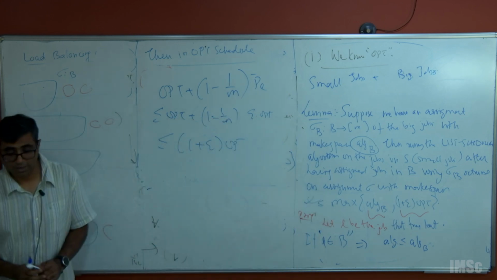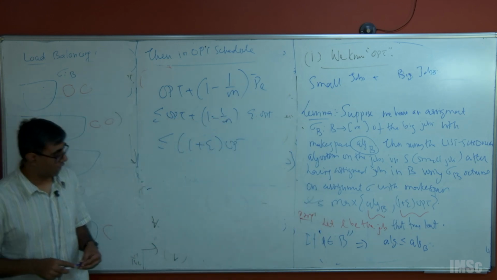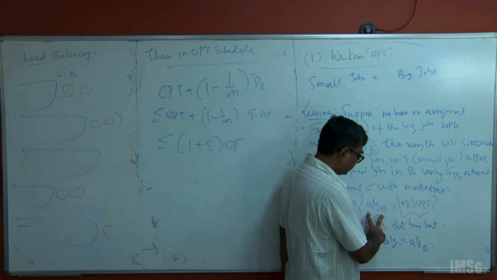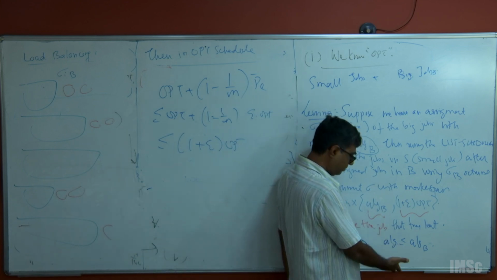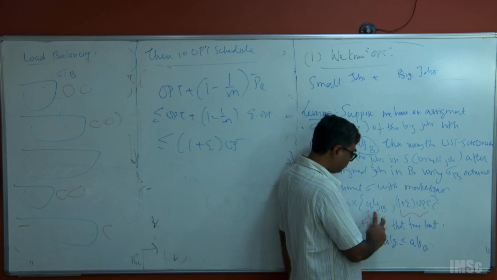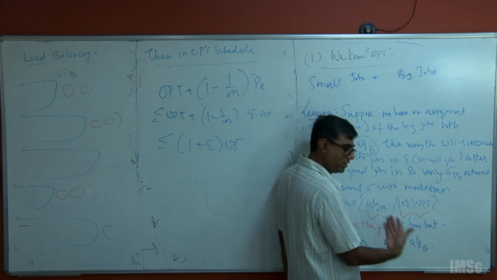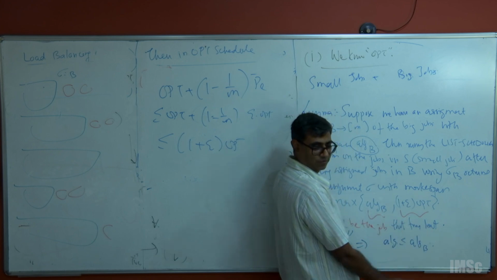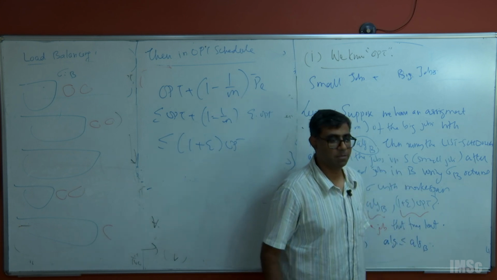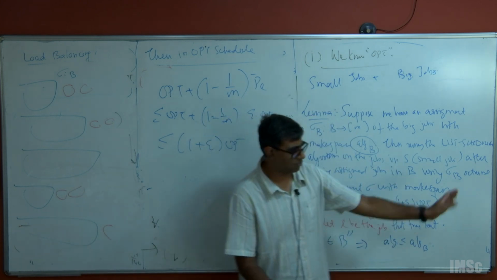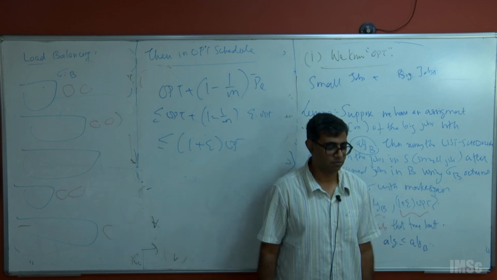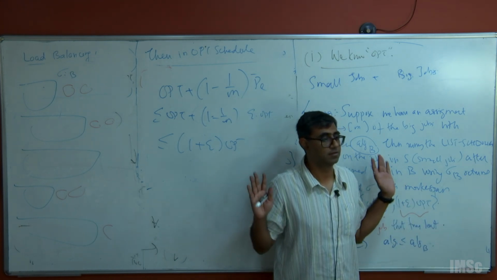Okay, so now you understand. If I can show that the big jobs have a 1 plus epsilon approximation, then I am done. This is why I can forget my small jobs: I first do the big jobs, then the small jobs just fill in wherever they can with list scheduling, and you are still happy.